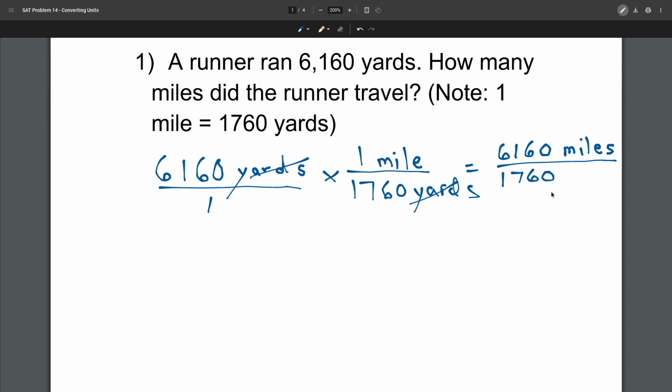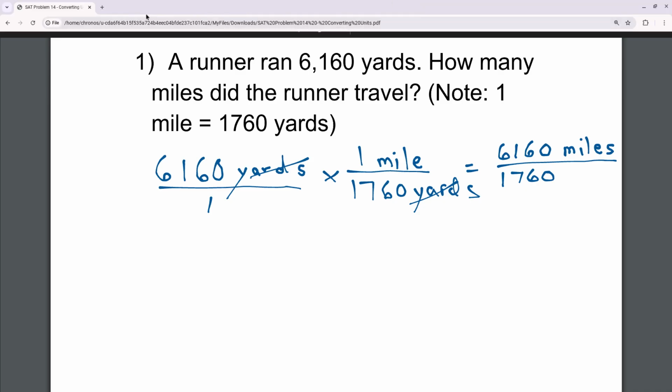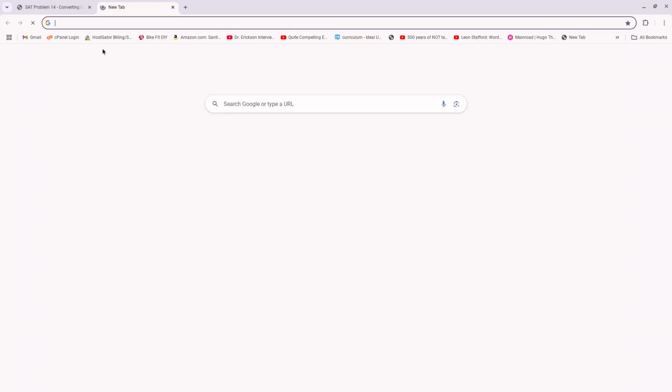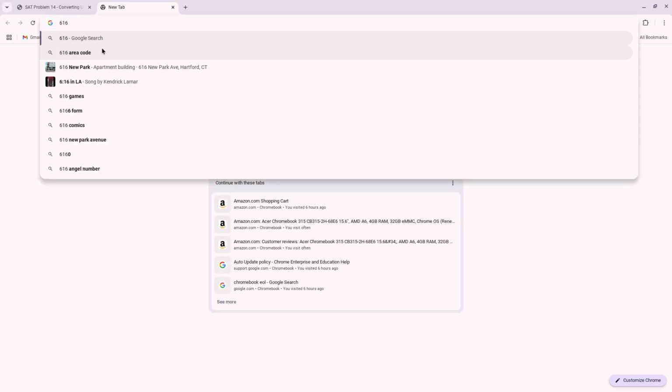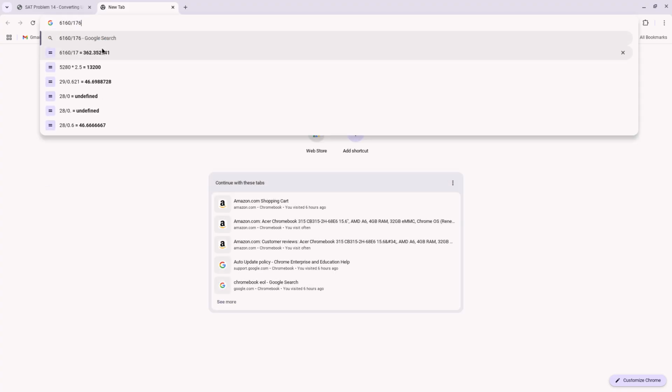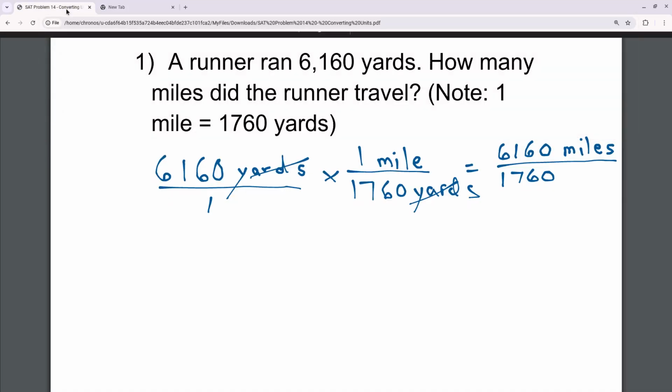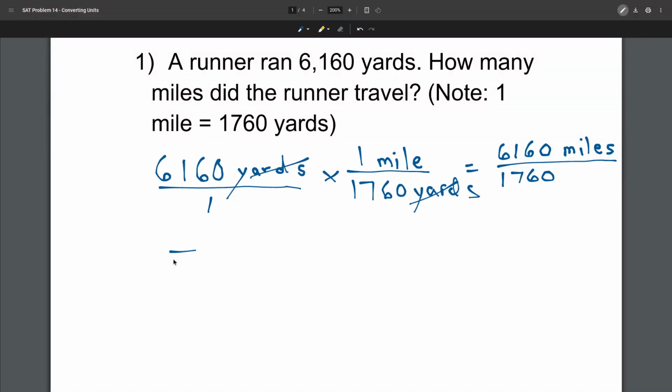Okay, so now we've got to divide the top by the bottom. So you would use Desmos, but if I do 6,160 divided by 1,760, I'm going to get 3.5. So we're going to get 3.5 miles.